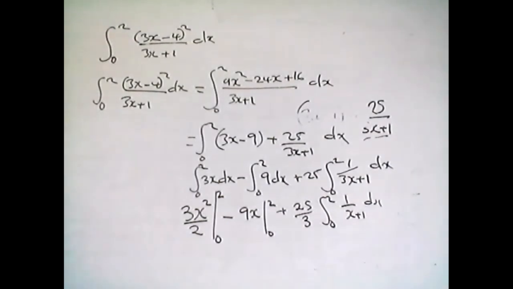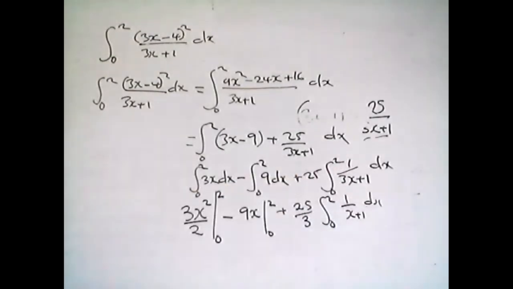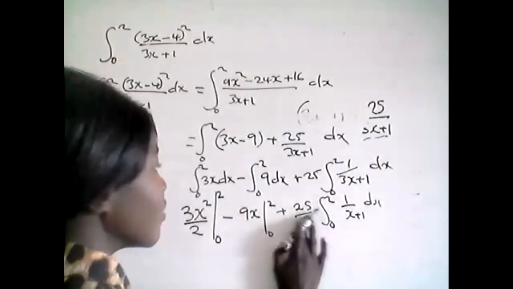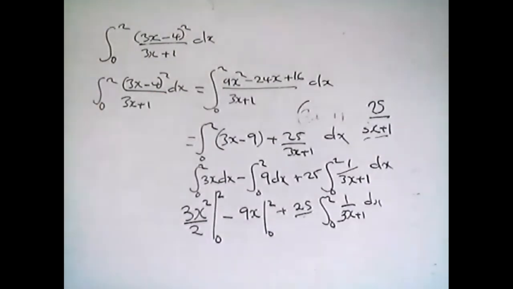Won't that give you x plus 1 over 3 or something? Since it's 3x plus 1. Oh, so it's 3x here. I thought maybe this 3 was outside. Okay, 3x. Won't it give us what?